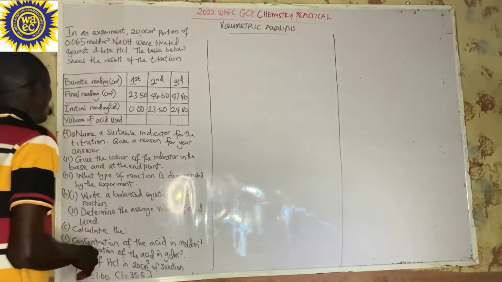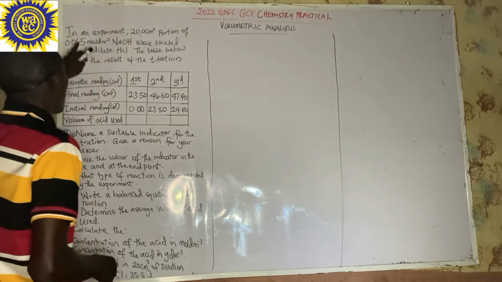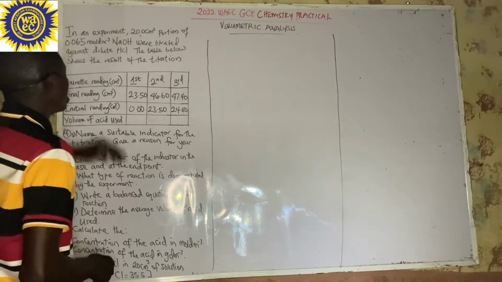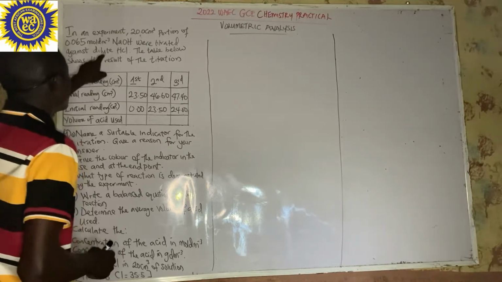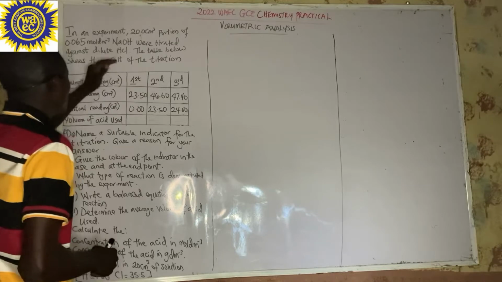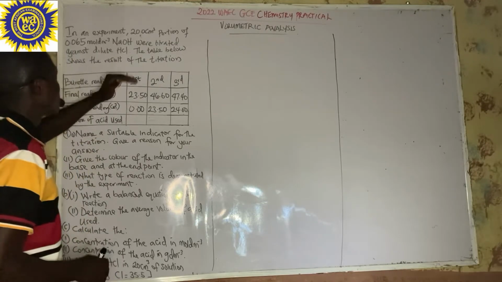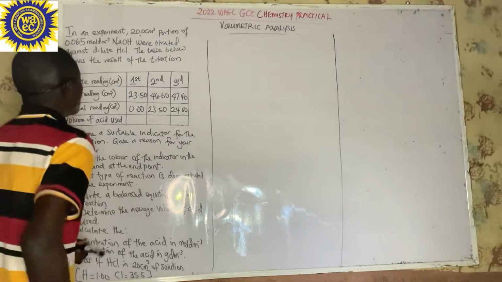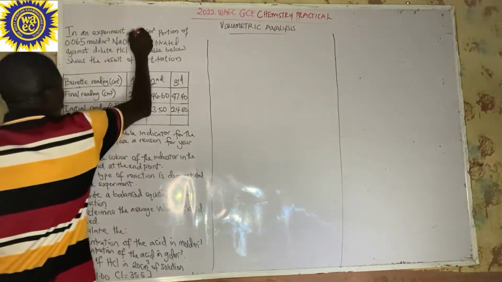Now we are told that in an experiment, a 25 centimeter cube portion of 0.065 mol per dm cubed sodium hydroxide was titrated against dilute HCl. The table below shows the results of the titration.